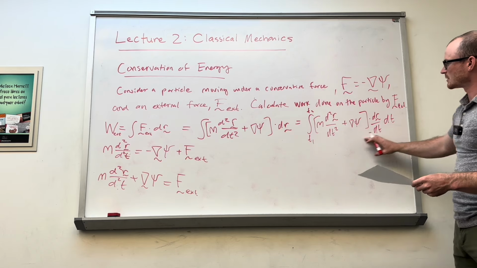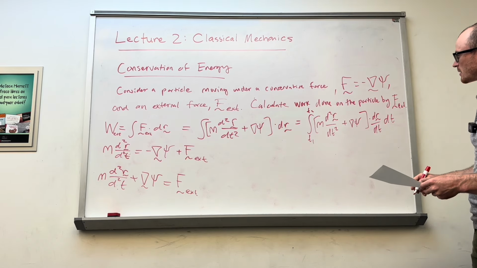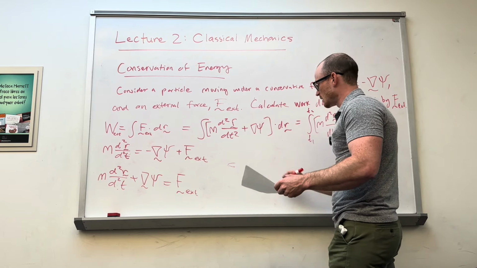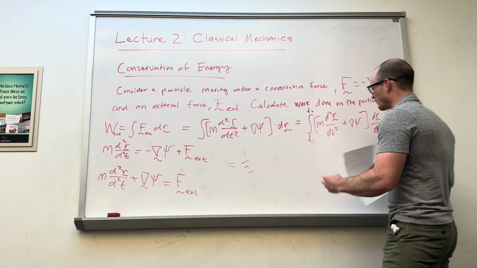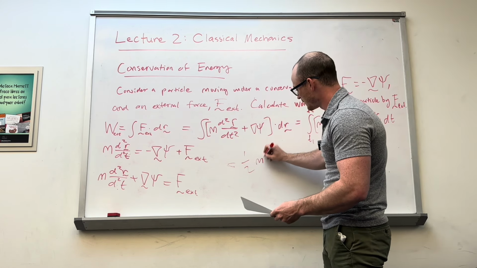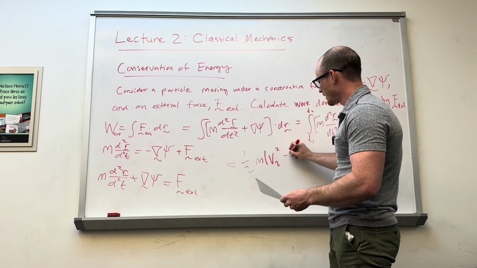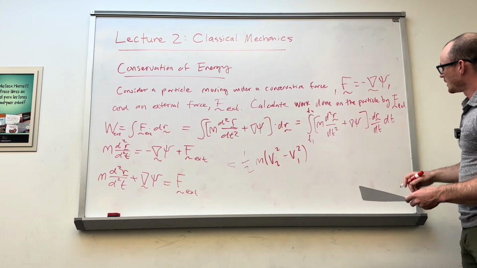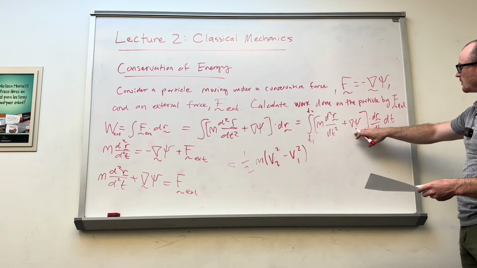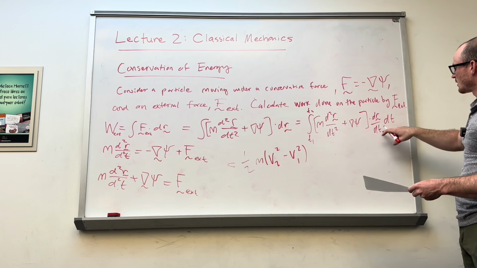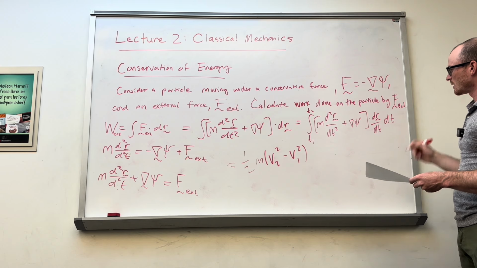Well, we've already solved these equations, so we're not going to go into a ton of detail. We're going to say this is equal to, we know from this part of the term that we just calculated, that this is 1/2 m times v2 squared minus v1 squared, right? And here we have the gradient of psi dot dr dt integrated over dt.